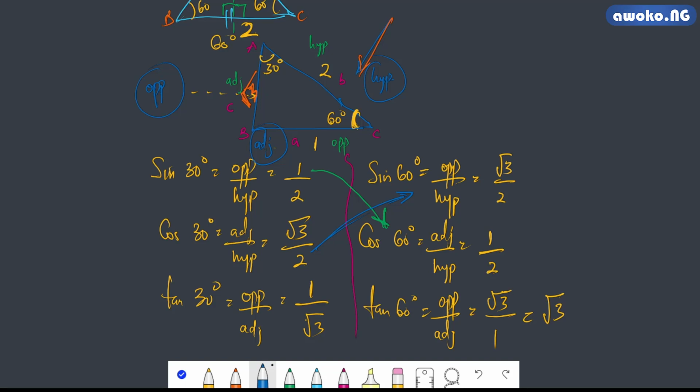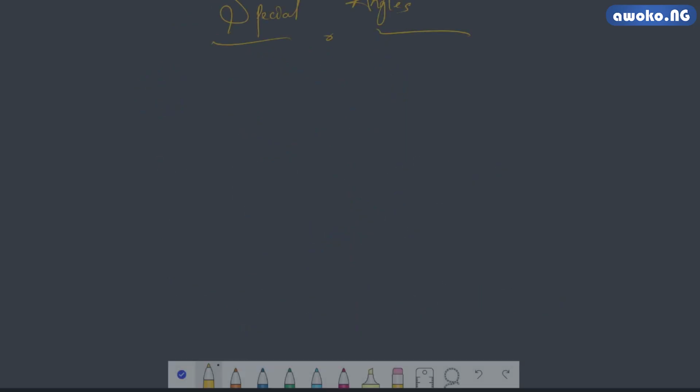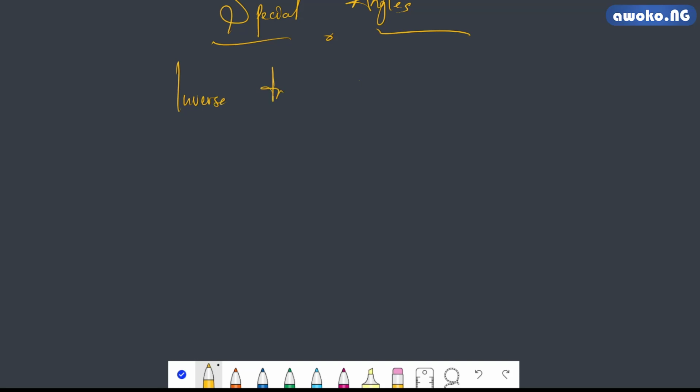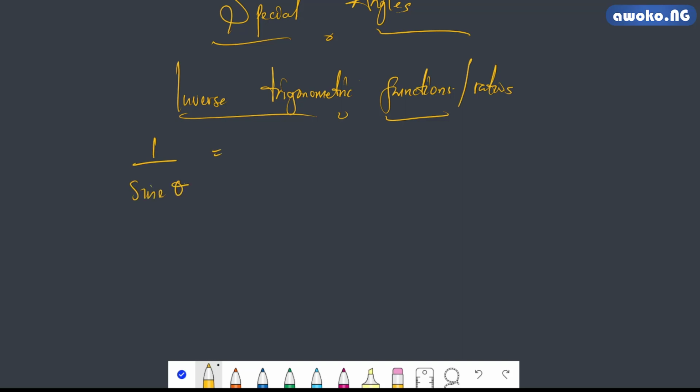Now I want you to note that we can also consider this for the inverse trigonometric functions, that is, the reciprocal of each of all these functions we've talked about. And I said earlier that you remember 1 over sine theta is equal to cosec theta.